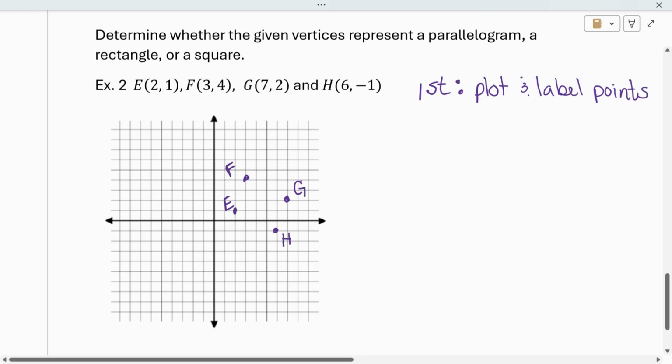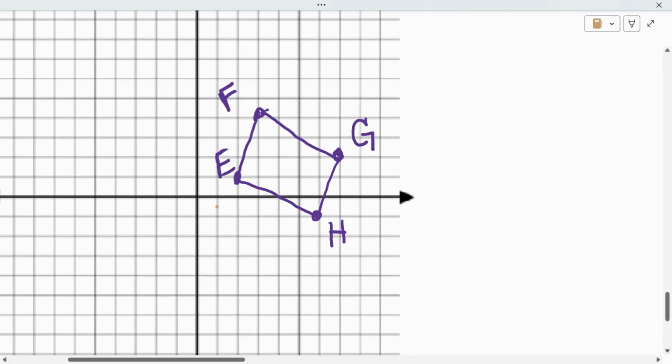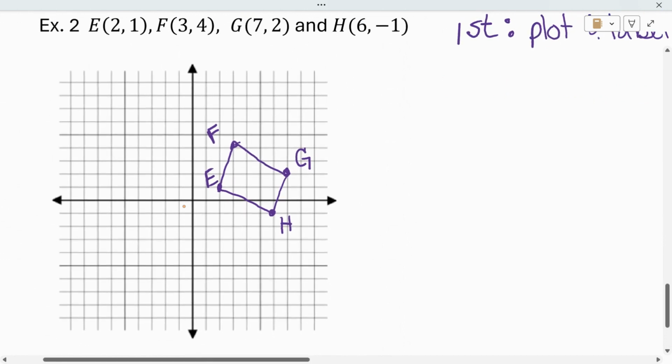I'm going to connect my points to create my shape. Okay. So now we need to show that this is a parallelogram.